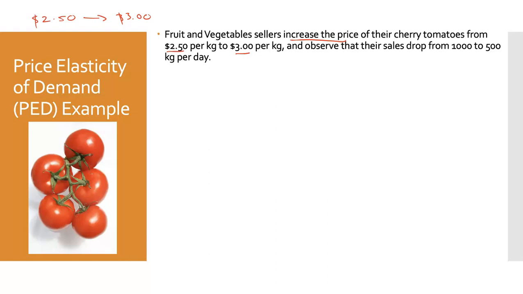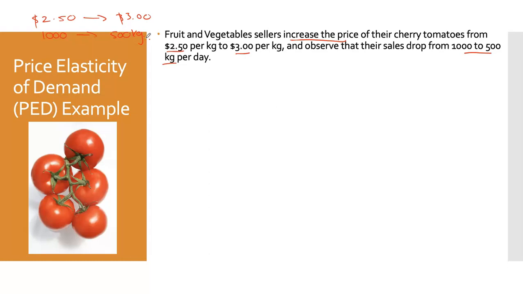But they've observed that their sales have dropped from 1,000 to 500 kilograms. So you might intuitively go, well, that is quite a big change in their sales. The price has only gone up by 50 cents, but their sales have dropped by half. So there's been quite a big change, cherry tomatoes have been quite responsive to the increase in price.